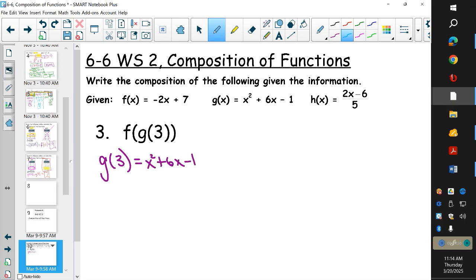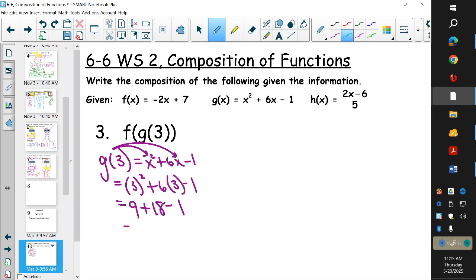And every place I see an X, what do I put in place of it? A 3. So this is parenthesis 3 squared plus 6 parenthesis times 3 minus 1. What is 3 squared? What is 6 times 3?